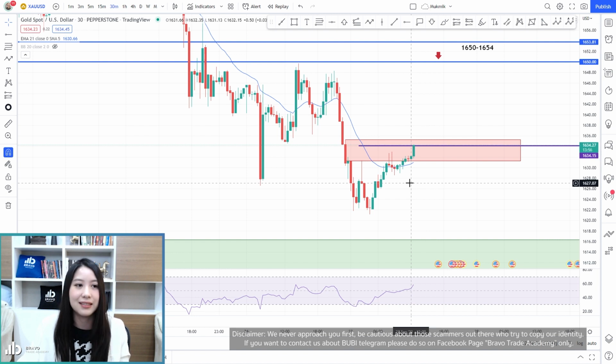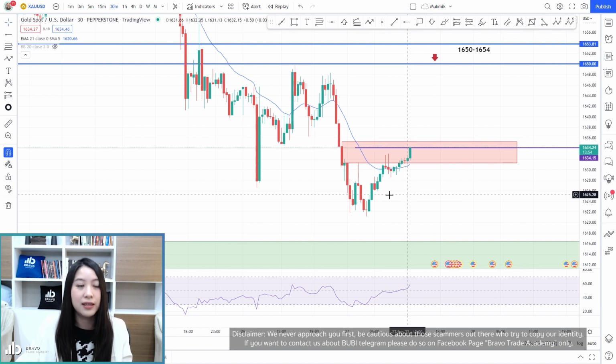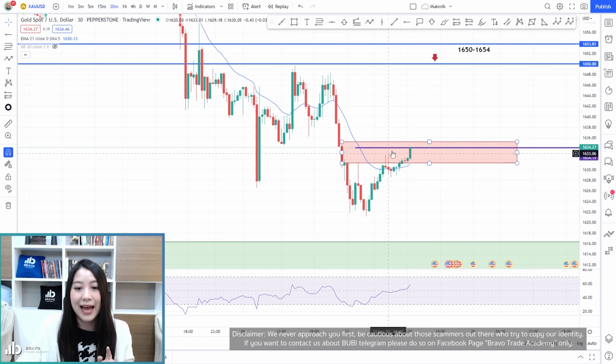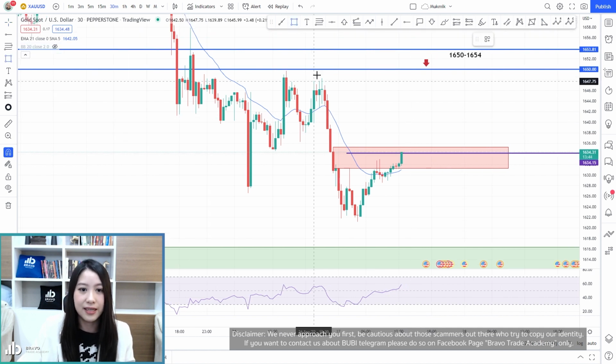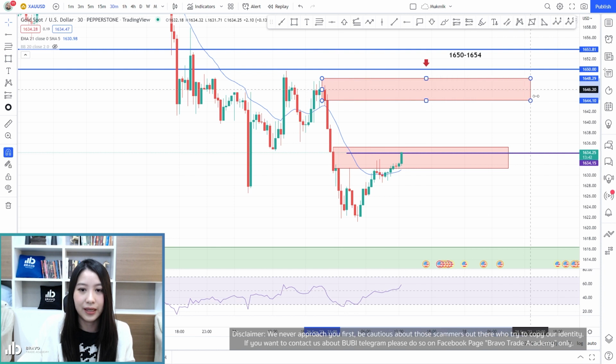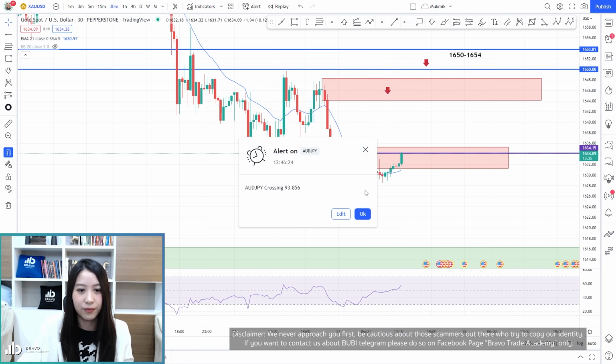You need the classic divergence to be sure. So that's the low twice where I would say we might consider a sell here. However, if it doesn't have the classic divergence, I will be waiting at this zone.